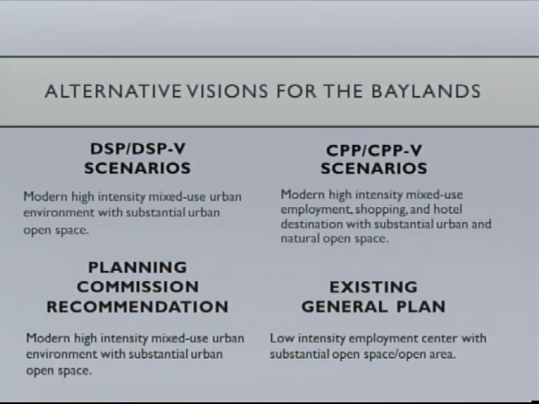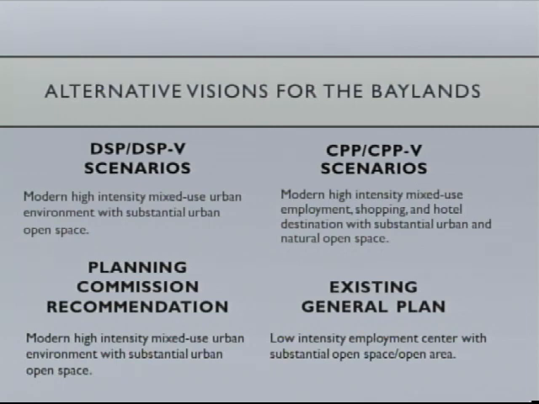So the developer-sponsored plan envisions a modern, high-intensity, mixed-use urban development with substantial urban open space, very focused on transit and the Bayshore train station. And with mixed use, a combination of employment generation and housing in close proximity to each other and to transit.